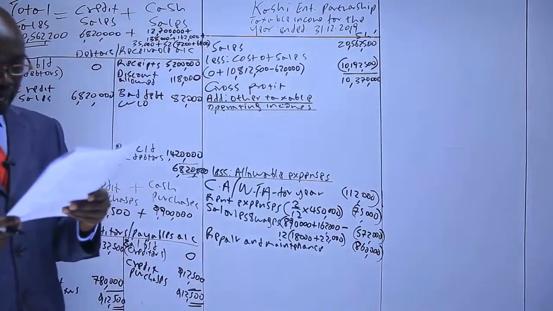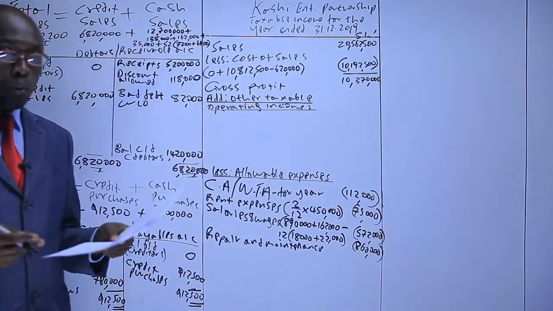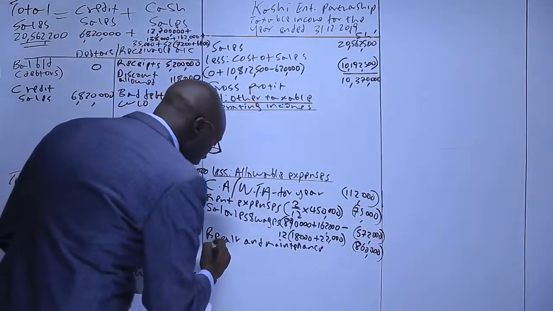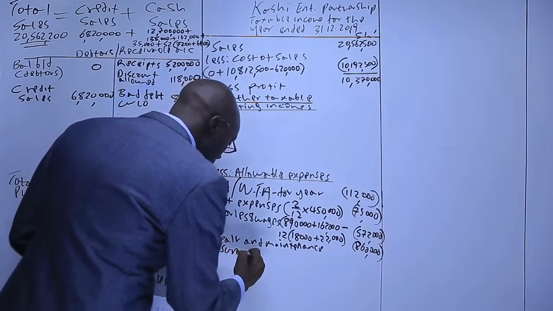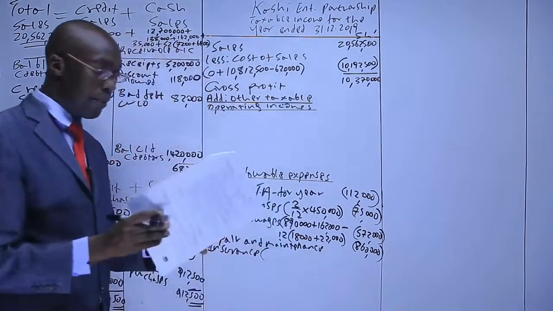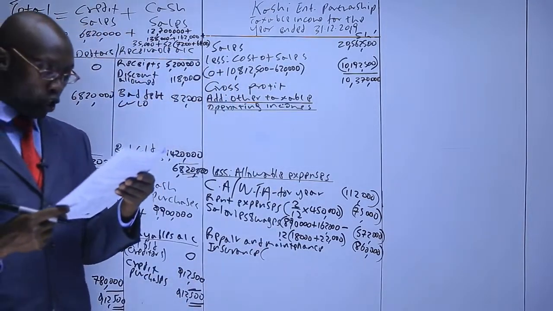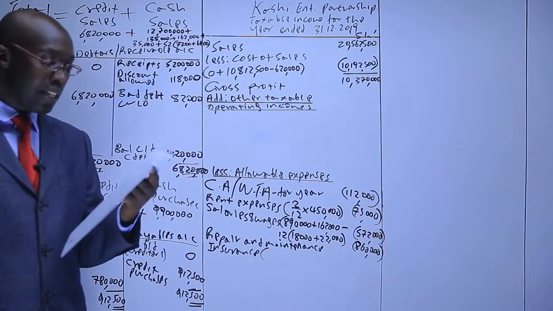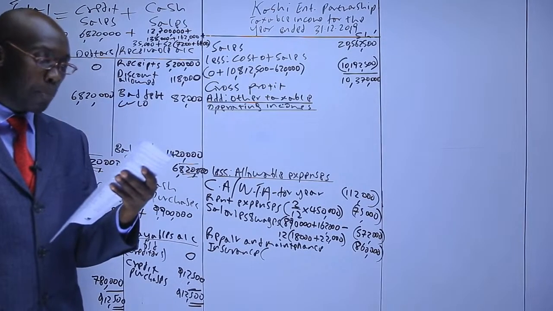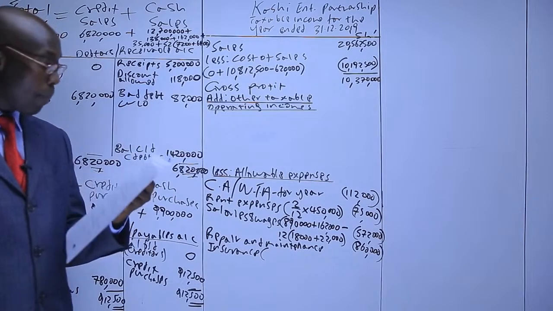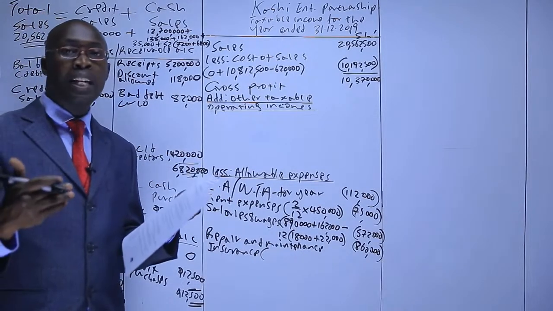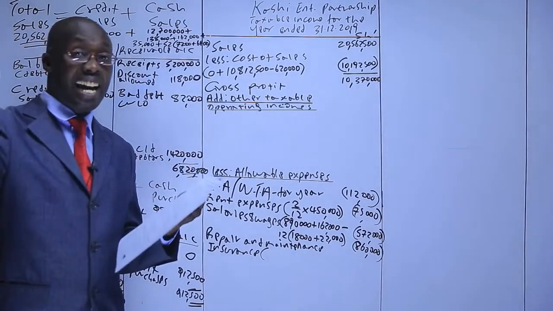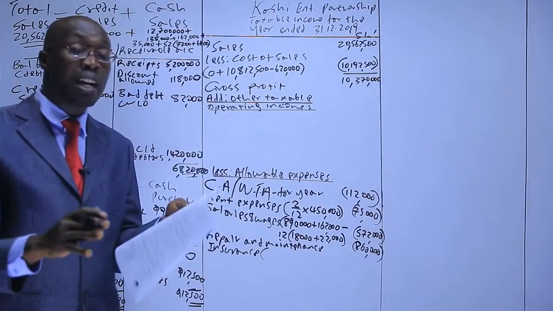After that, we go back. After the repair and maintenance, there is insurance. Insurance is also an allowable expense. So we have insurance. Is it mentioned somewhere else? Yes. Additional information number 3. As at 31st December 2019, electricity and insurance prepaid. So this was prepaid, and it's at the end of the year. We said prepaid at the end of the year is for next year, not for this. Anything that is not for this year, we minus.